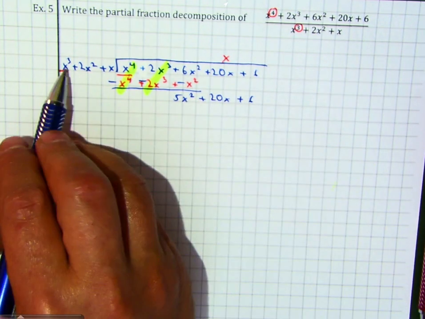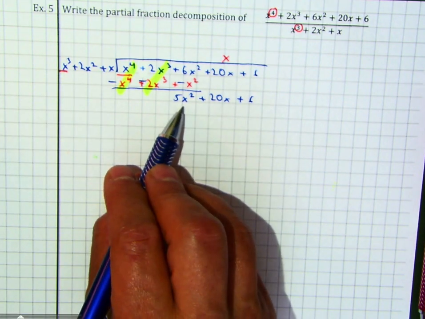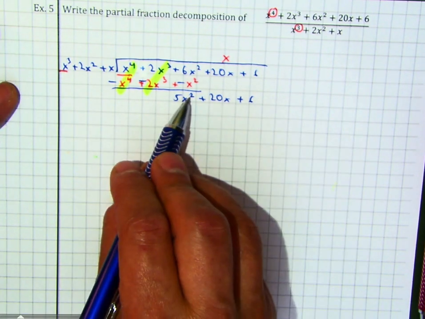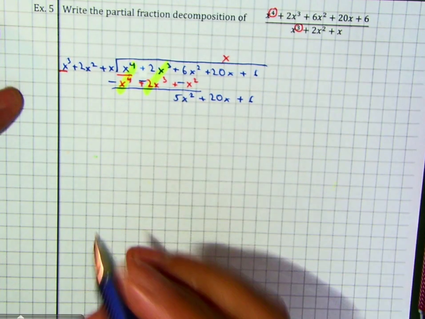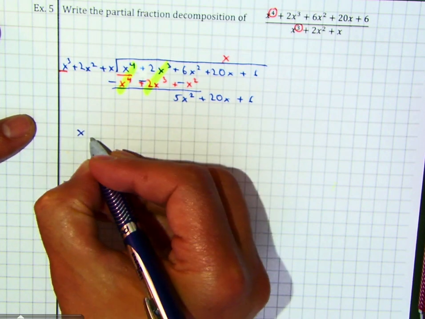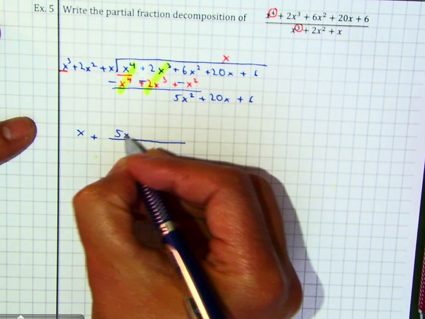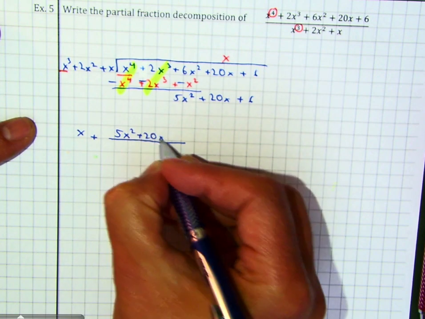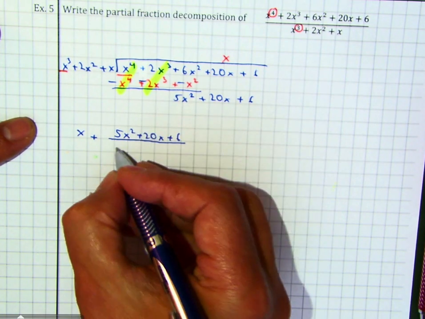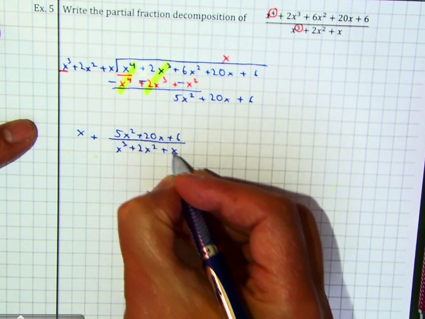And what do I need to multiply x to the third to end up with 5x squared? You can't, because this is a lower exponent. So now I'm going to rewrite it as x plus 5x squared plus 20x plus 6 over my divisor, which is x to the third plus 2x squared plus x.